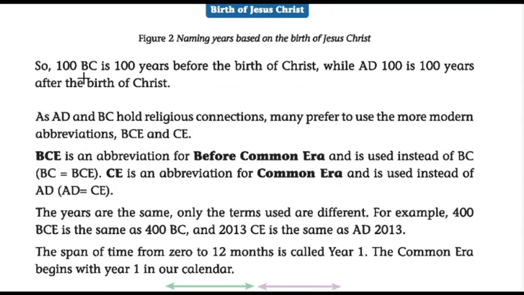So 100 BC is 100 years before the birth of Christ, while AD 100 is 100 years after the birth of Christ. You have to remember what is BC and what is AD: BC means before Christ, AD means Anno Domini.